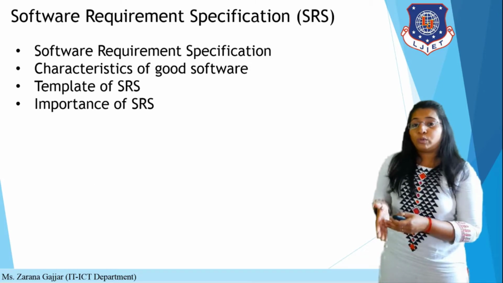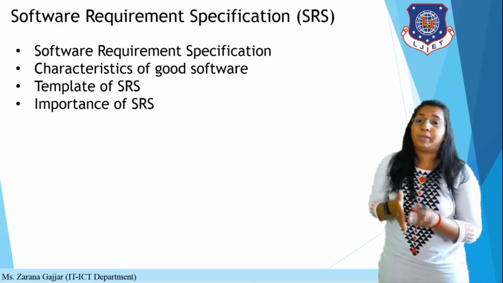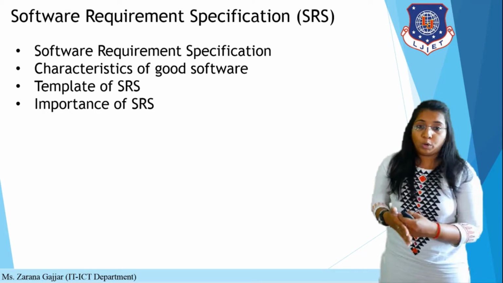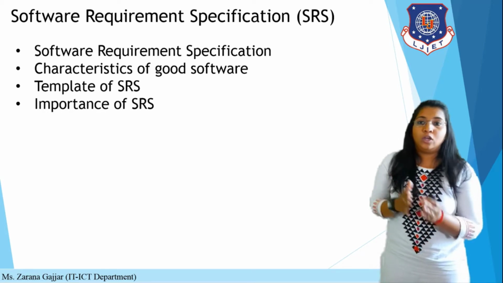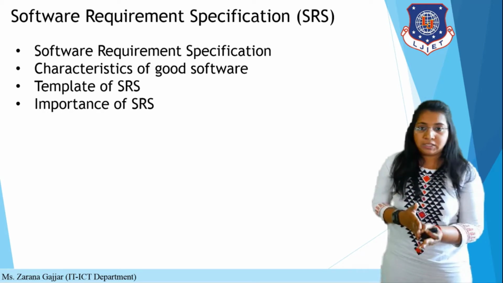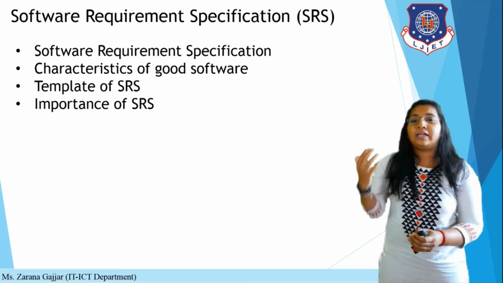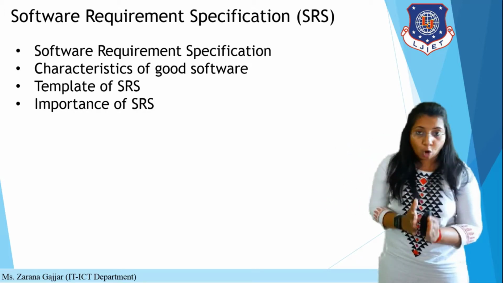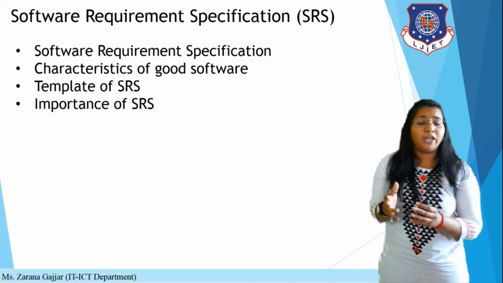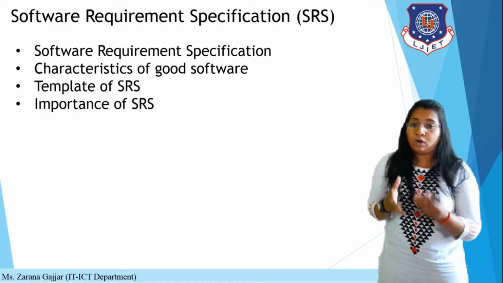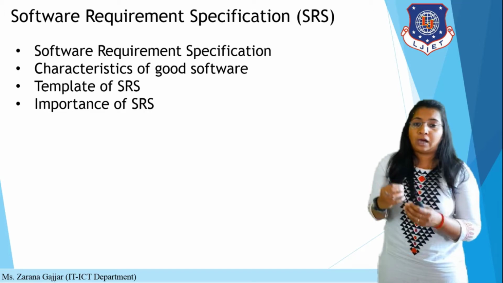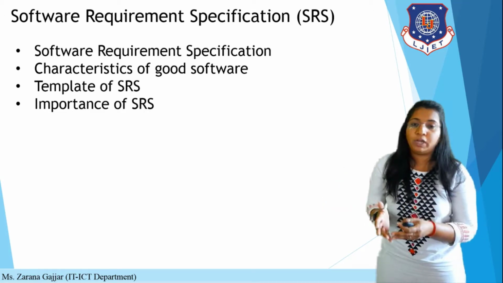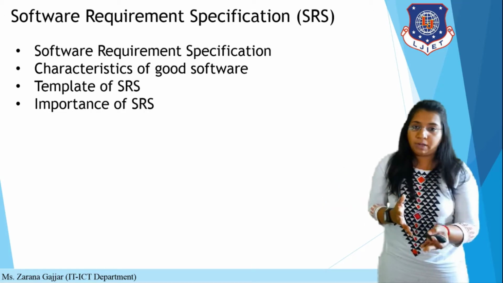Now let's move to the second and last topic of our unit 4, that is SRS, Software Requirement Specification. As we already discussed in our earlier lectures, SRS is a kind of document, a kind of user manual. We always have a user manual after buying any licensed software or any hardware product.